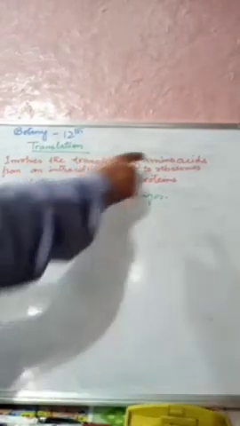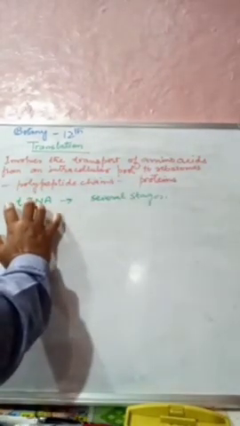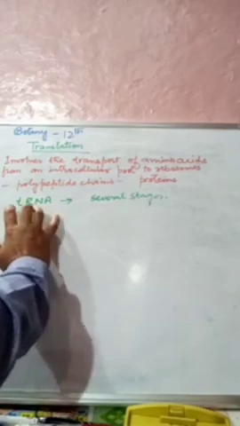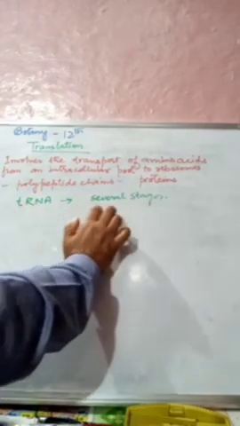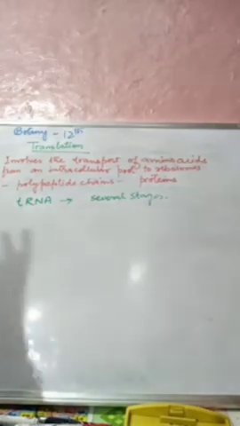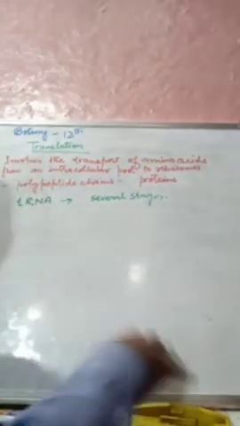The transfer of these amino acids to the surface of ribosomes is accomplished by the tRNA, which we can simply call transfer RNA, and it occurs in several stages. Now, what are the major steps involved in the process of translation?